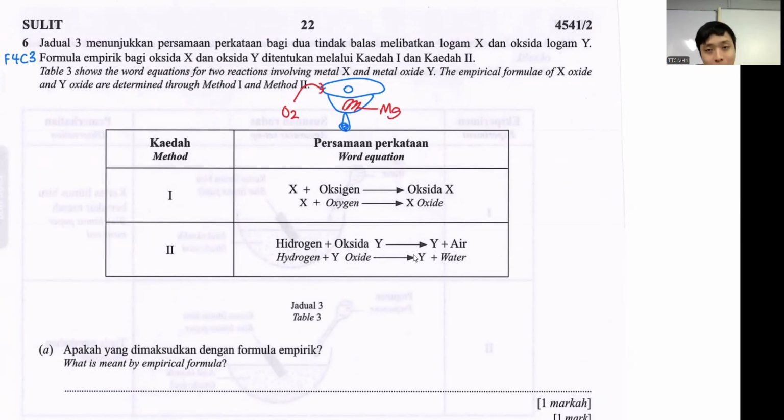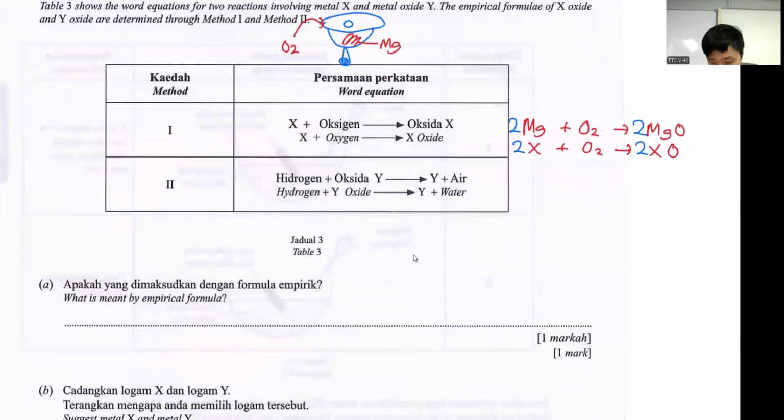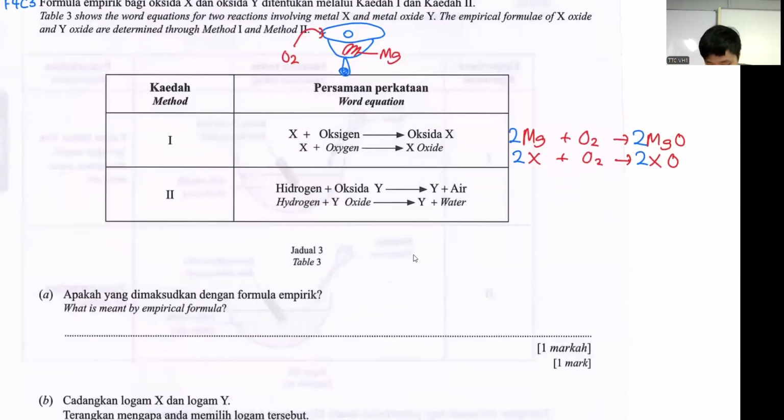Before is magnesium, after you get magnesium oxide. So this equation is Mg plus O2 gives MgO, for example. In this case, it's X plus O2 gives XO. Same thing. The second one is set out like this.